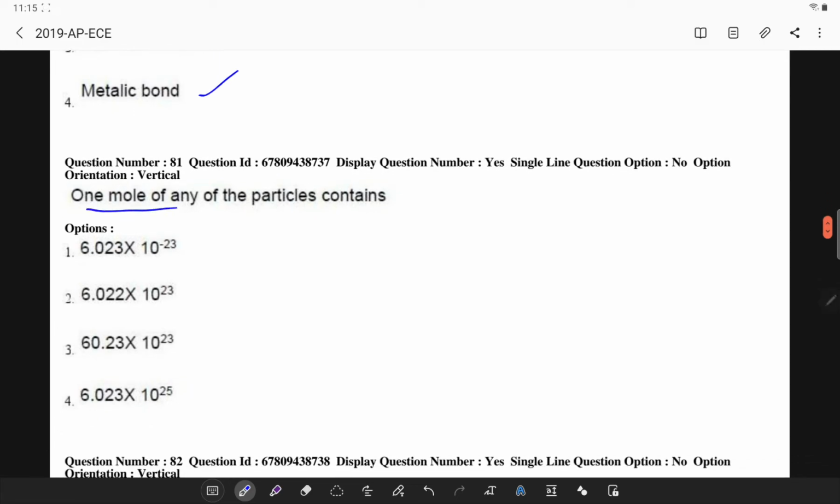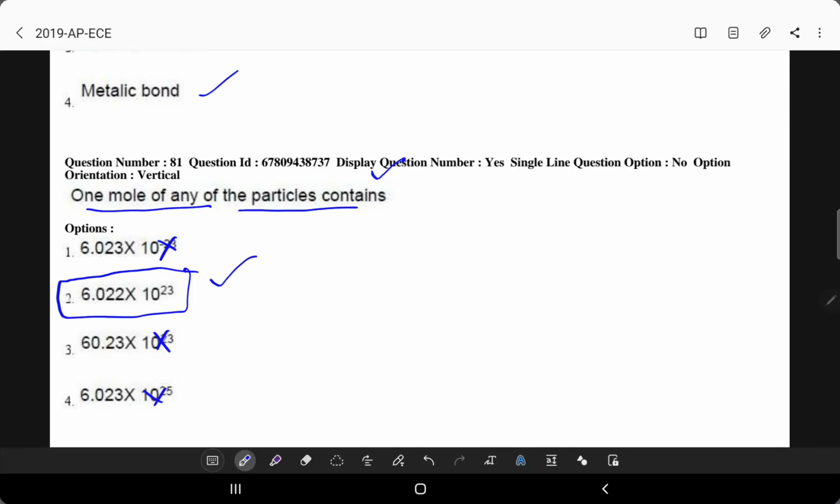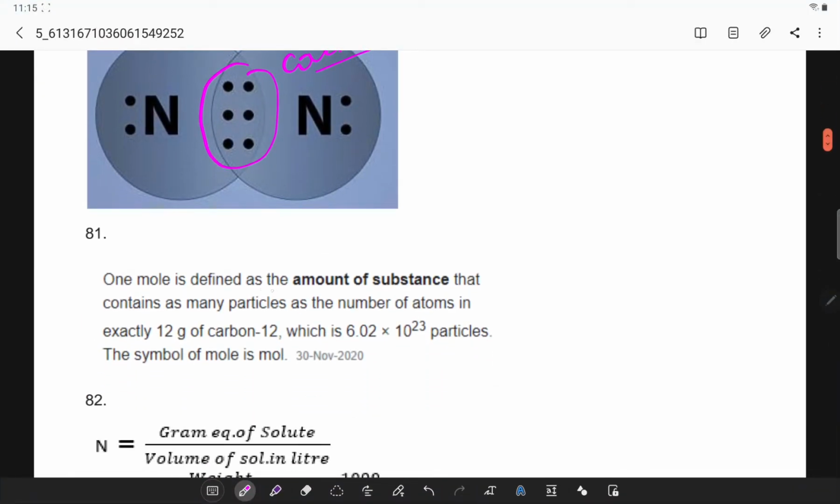so 1 mole of any particle contains, it is not minus 23. So 1 mole is defined as an amount of substance that contains as many particles as the number of atoms in exactly 12 grams of carbon.